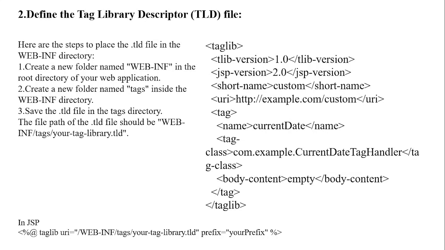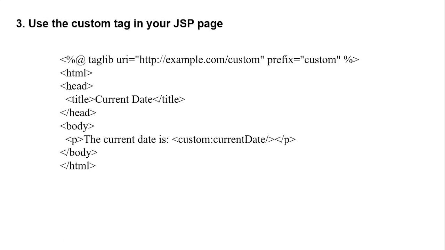After placing it we can use the tag by using the taglib directive, provided with the URI, and the prefix is user defined, so we can use any prefix. Here we use custom and then call our user defined tag, and this user defined tag is currentDate.